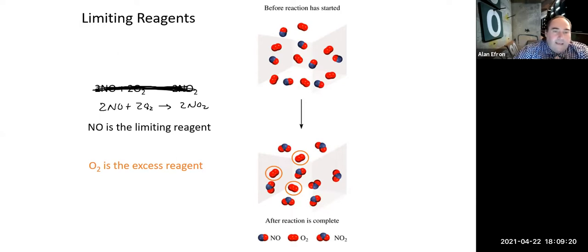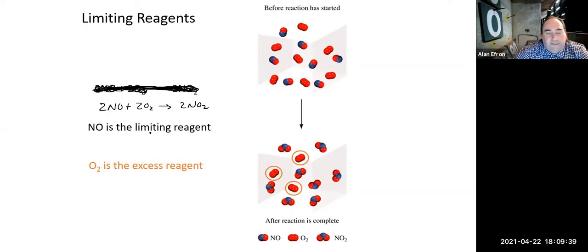In any type of reaction, whenever we react two things together, based on stoichiometry, there's always going to be one reagent that gets used up first. That reagent is what is known as the limiting reagent.